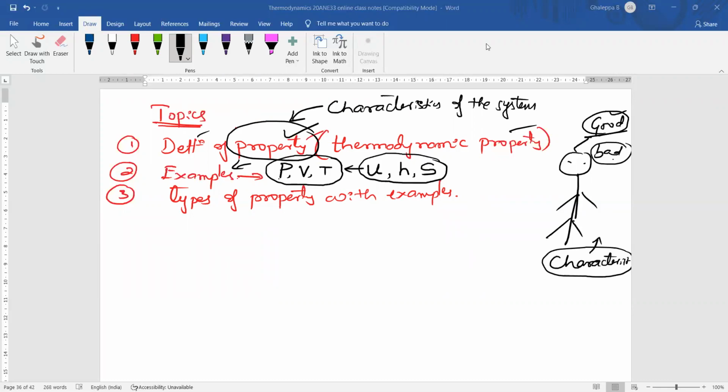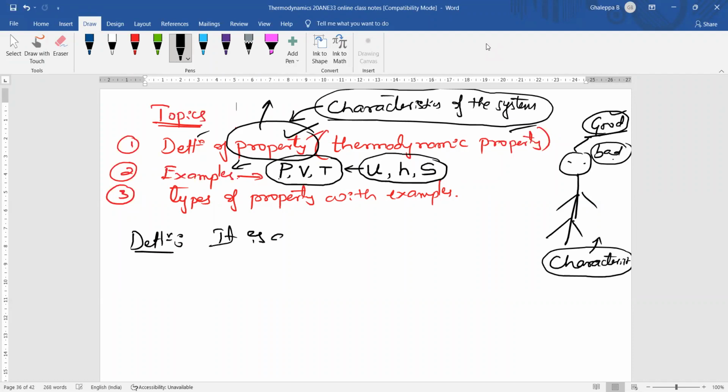I will write here the definition. The parameters which are used to specify the characteristics of the system, we can call property. Property is a function which determines the characteristics or behavior of the system.